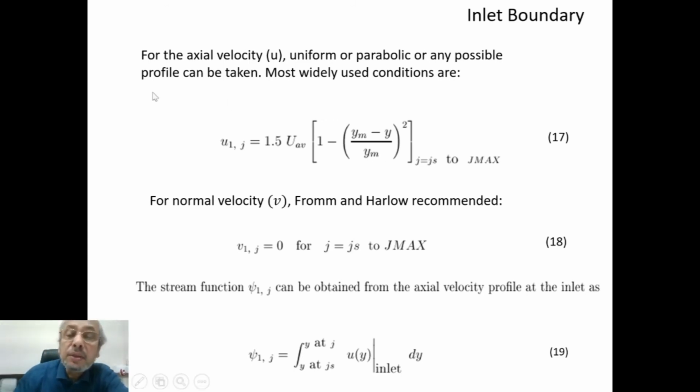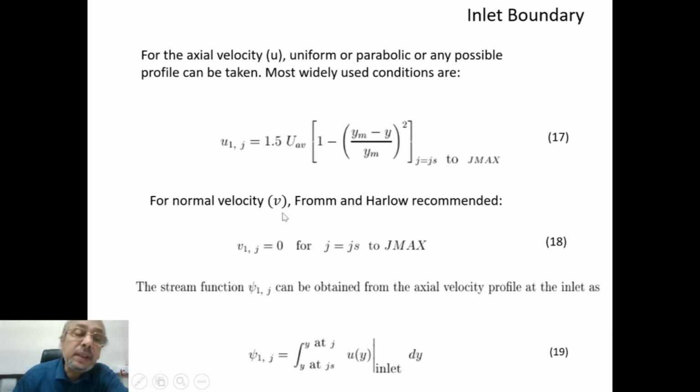I have not written it here specifically, I have forgotten to write. Ym is the mid height of the channel, right? So j equal to js to j max. It makes a parabolic velocity profile with the central line velocity as 1.5 into u average, or 3 by 2 into u average. And this will give the variation in y direction, parabolic variation.